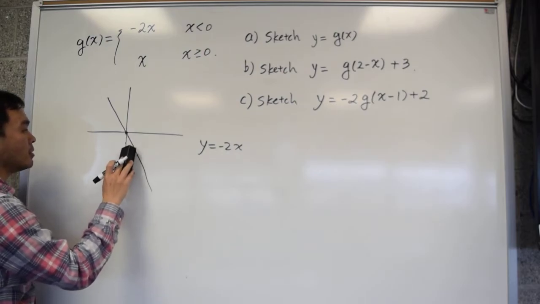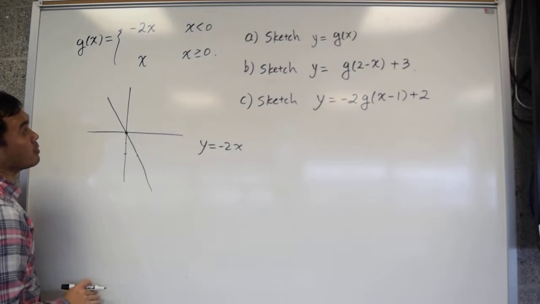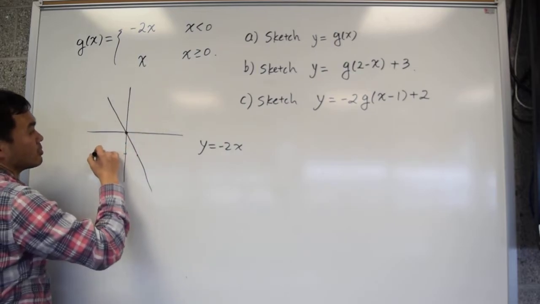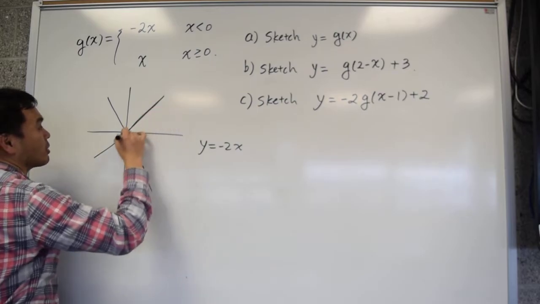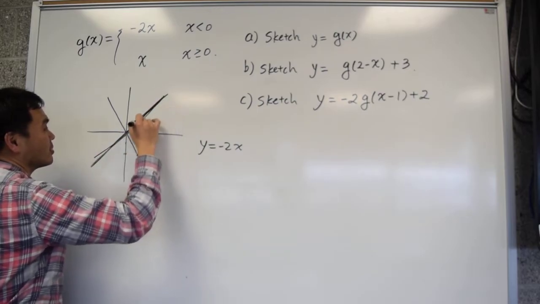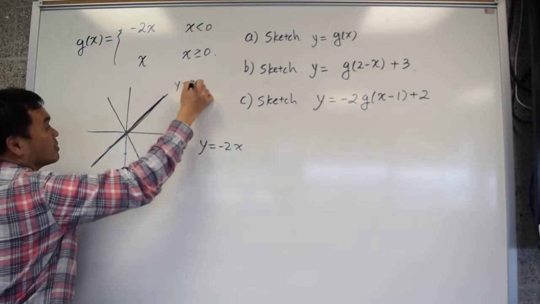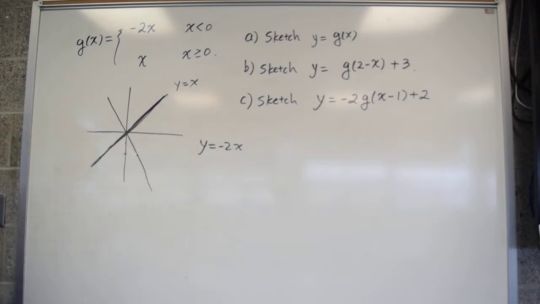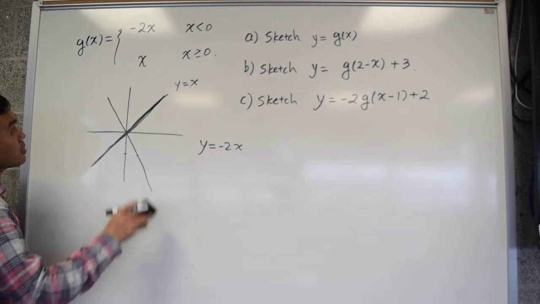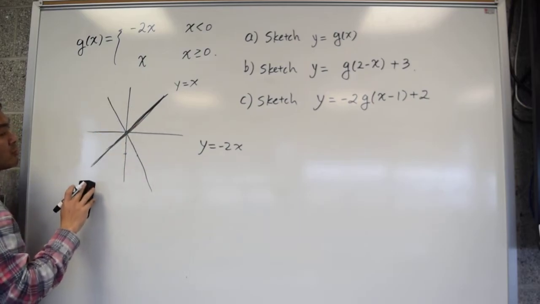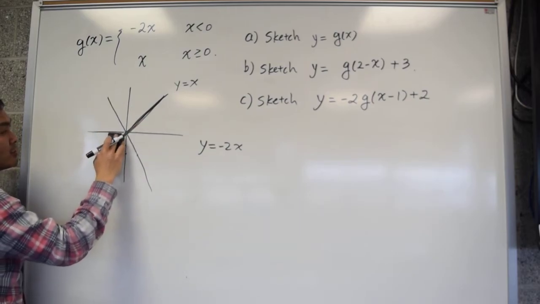Okay, and then you have y equals x. Y equals x is this graph, a 45-degree line. That's such a common graph that you should just know. But before 0, only y equals negative 2x is valid and this is not valid.